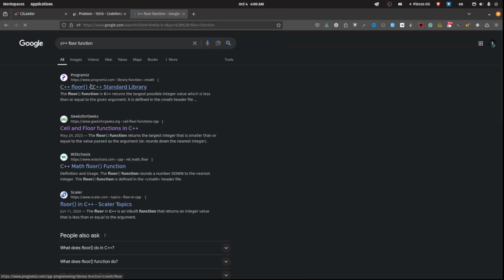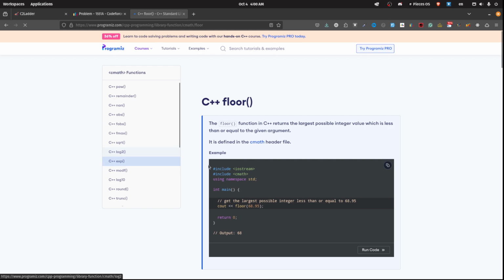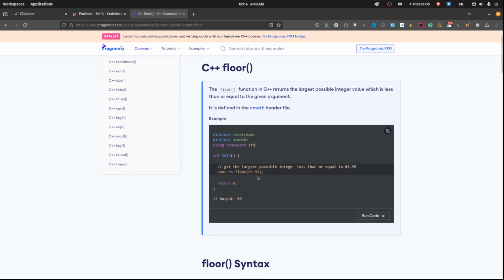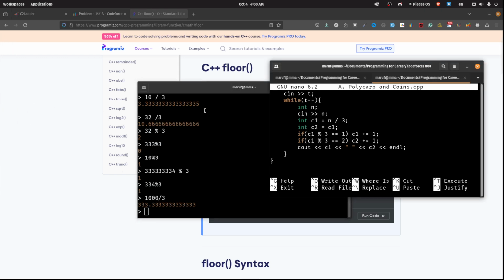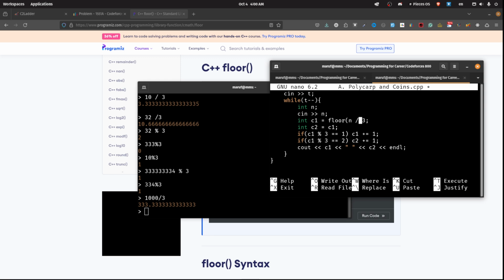Floor C++. Okay, basically it's as simple as I think. This will be here, floor. Okay, fine.